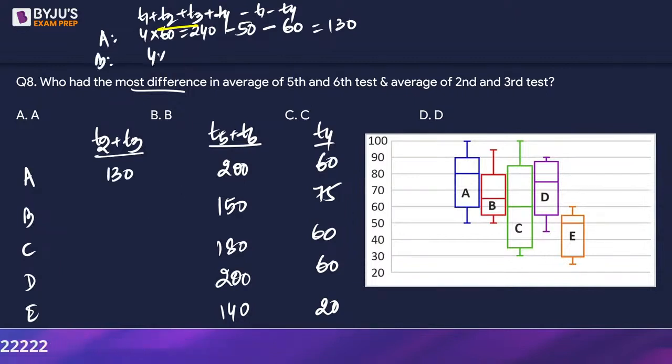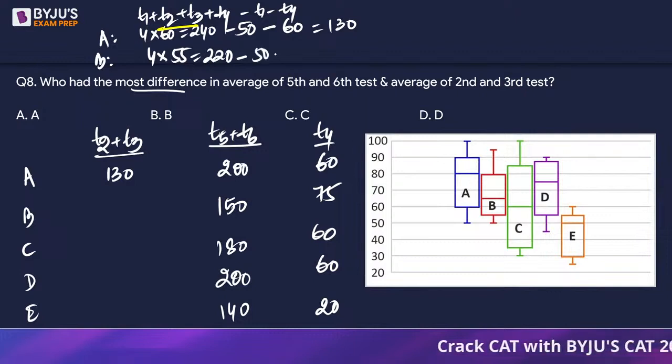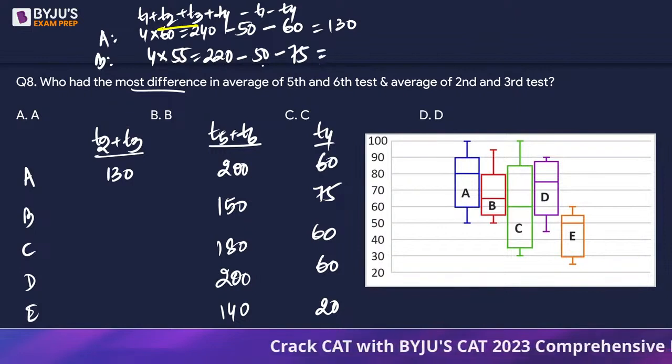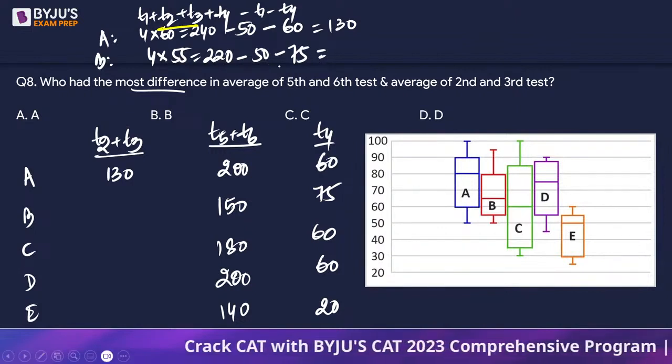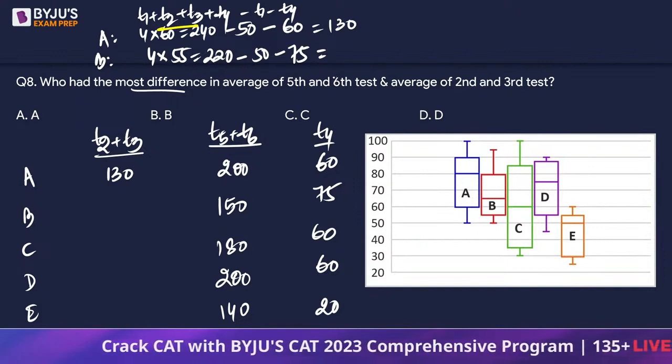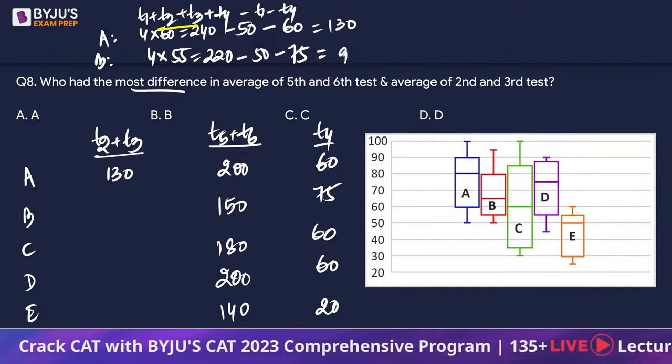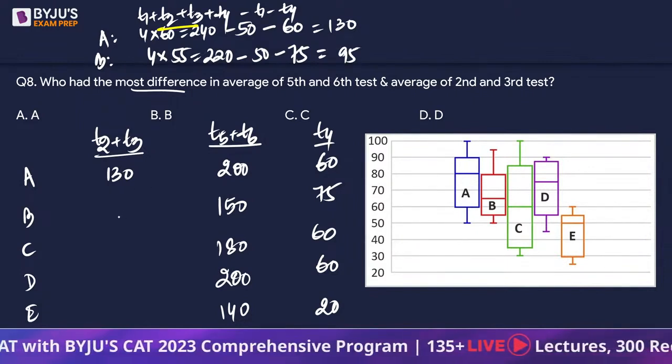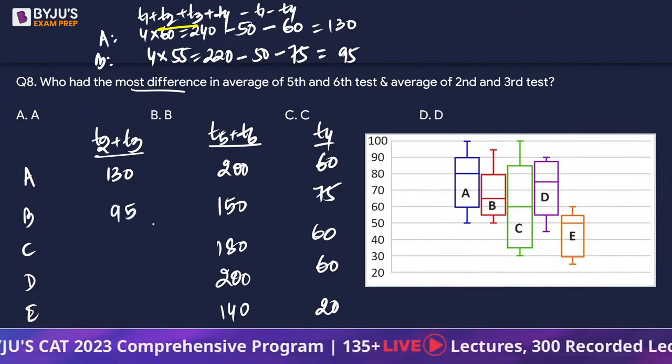Okay, let's look at B. B is going to be 4 into the bottom number, which is 55, which is 220. From this we subtract T1, which is 50, and T4, which is 75. That gives 125 to subtract from 220, so this is 95. So T2 plus T3 is 95 here.